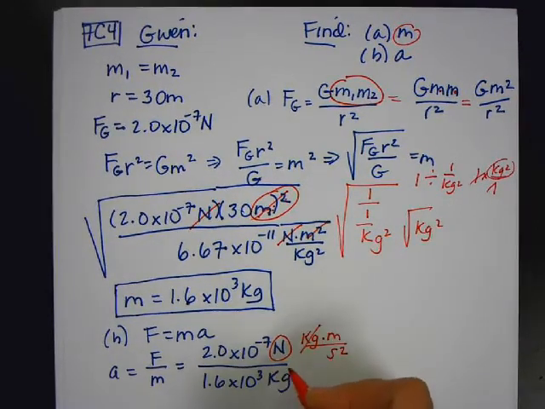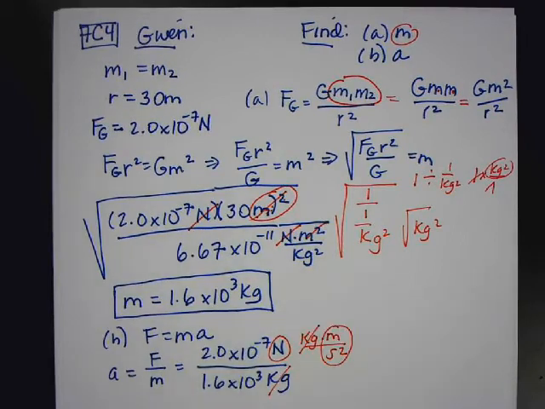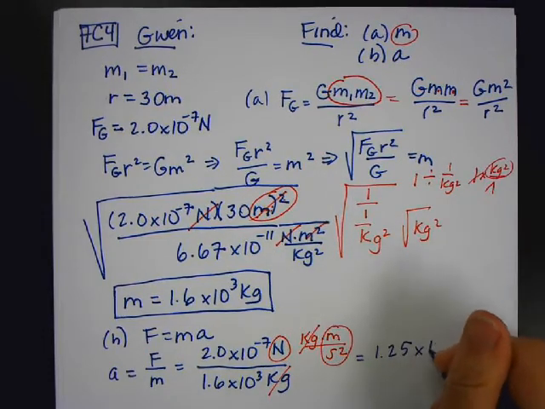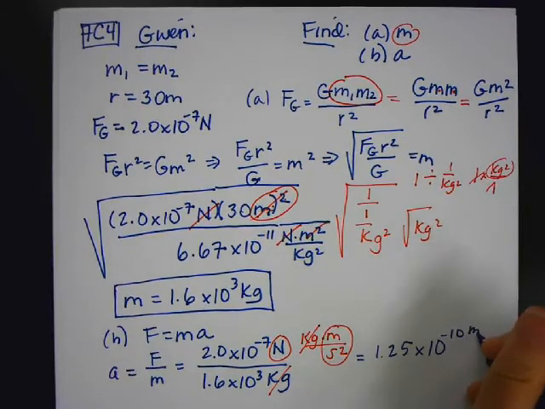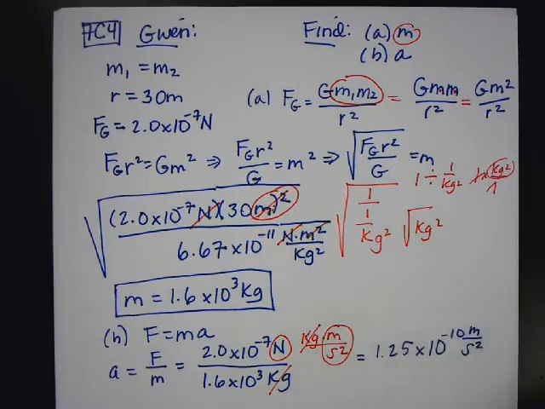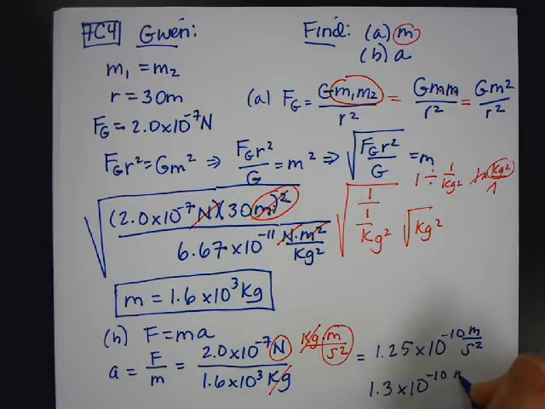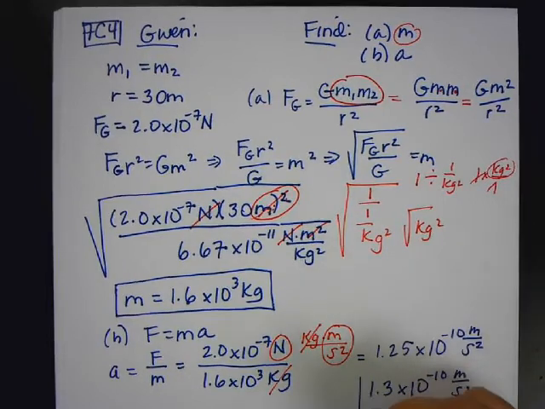So this kilogram cancels with that, and I end up with meters per second squared, which is the correct unit for acceleration. So when I put the numbers in my calculator, I get 1.25 times 10 to the negative 10 meters per second squared, and then in correct significant figures, 2 would be 1.3 times 10 to the negative 10 meters per second squared.